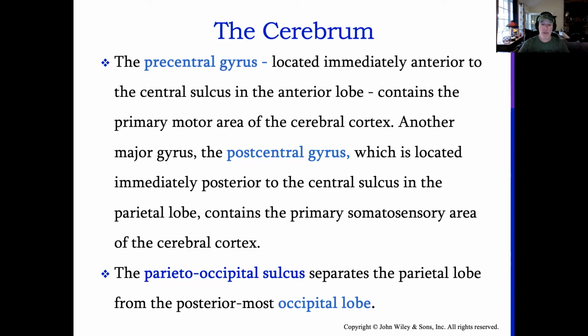The postcentral gyrus is going to be where most of the somatosensory information from our body comes in to help control the somatic response going out from the precentral gyrus, which again follows that same theme of sensory in the back and motor out of the front. And we're talking about back and front compared to the central sulcus here. Sensory is postcentral, motor is precentral. Just like sensory goes in the back, motor goes out the front.